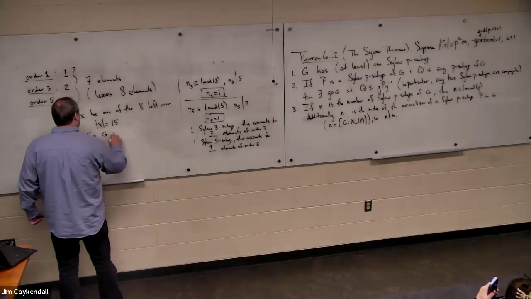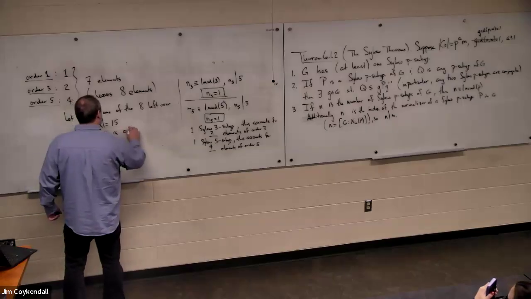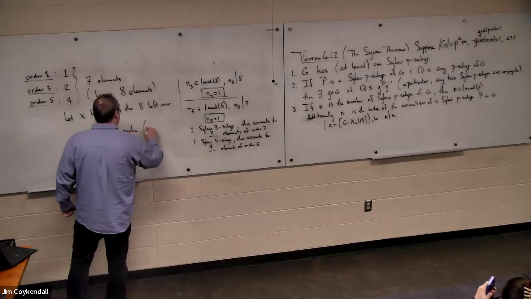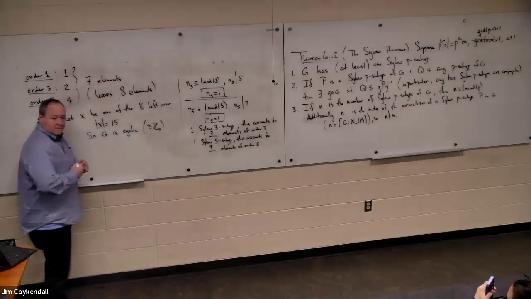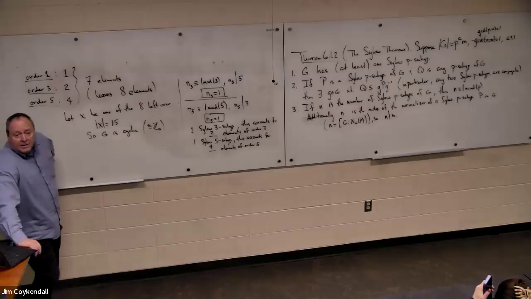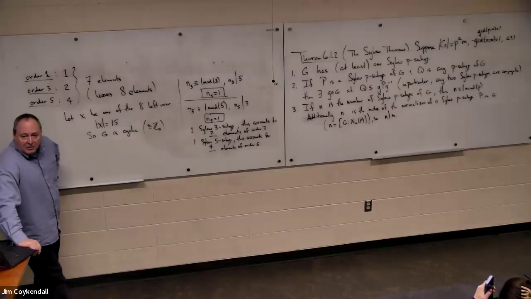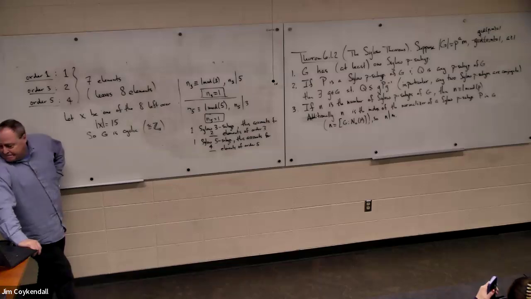So G is cyclic, and if you like, it's isomorphic to Z15. So there's only one group possible of order 15, as a matter of fact. Okay. Any questions on that?